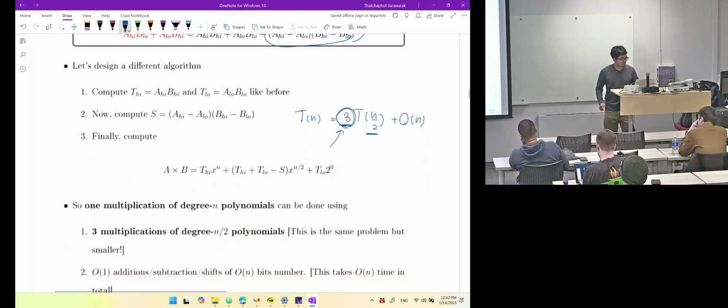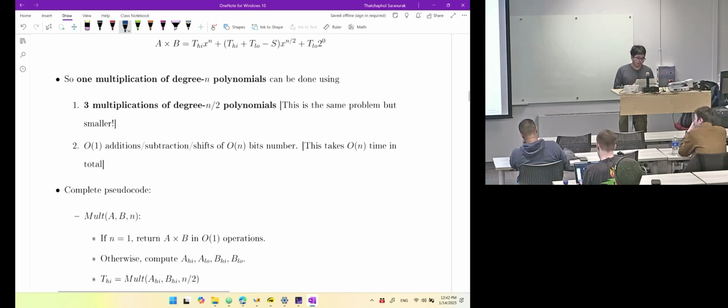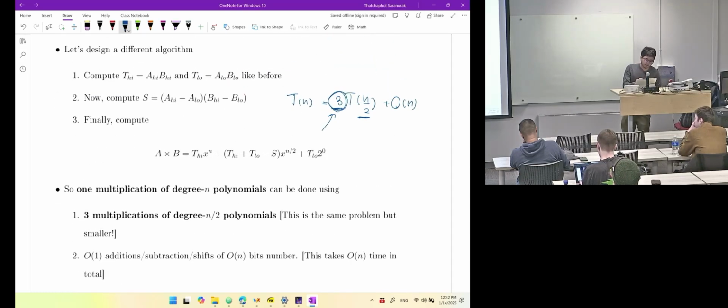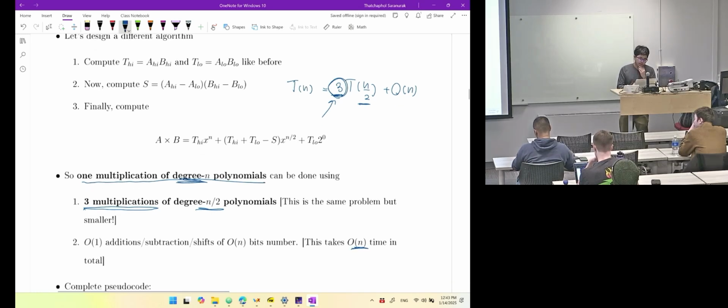Good. So you can see that now it's the same thing: to multiply polynomials of degree n, you reduce to the same problem with 3 multiplications of smaller size. Same problem and smaller. And everything else you just spend order of n time.